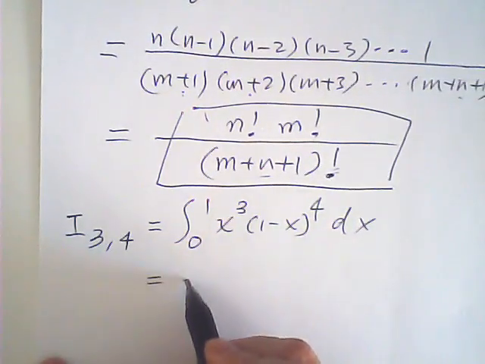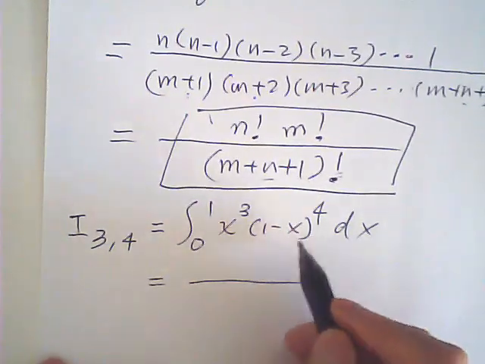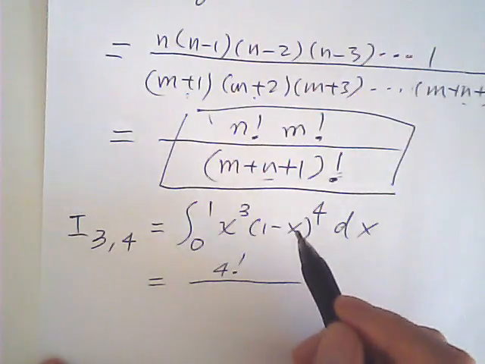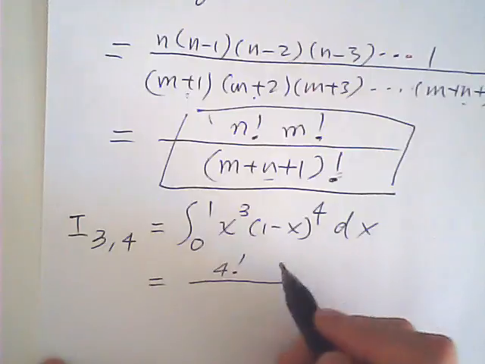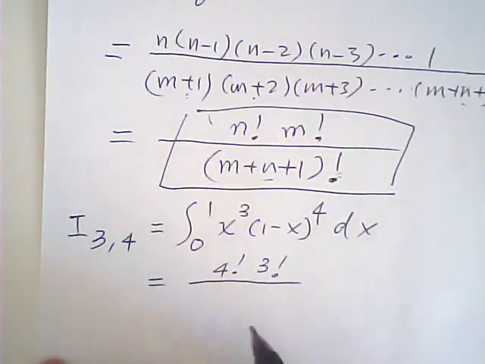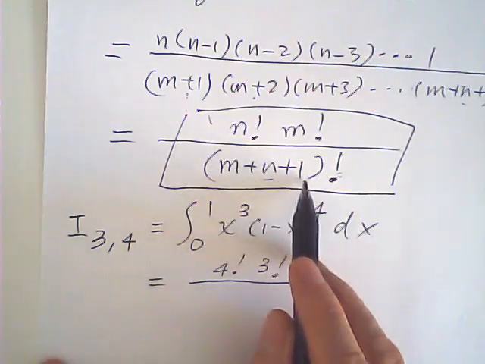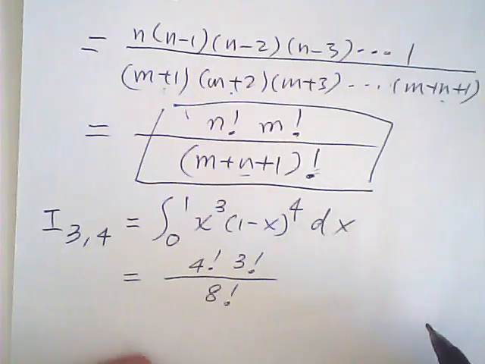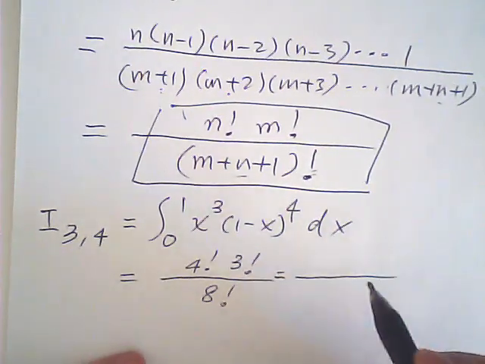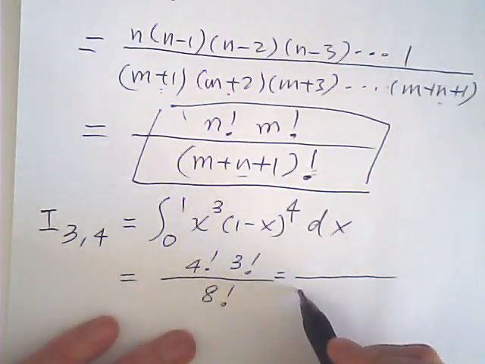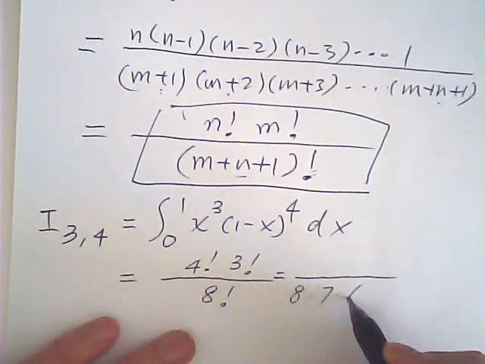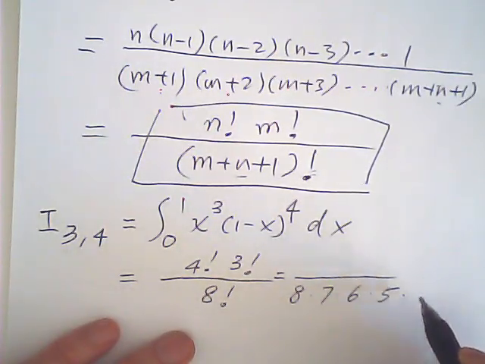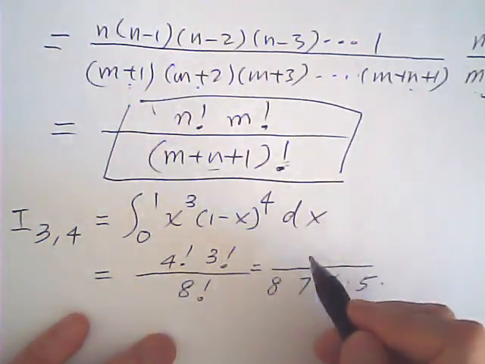Now use the formula: 4 factorial times 3 factorial, and the denominator will be 8 factorial. So this one is 8 times 7 times 6 times 5 times 4 factorial, which cancels with that one.